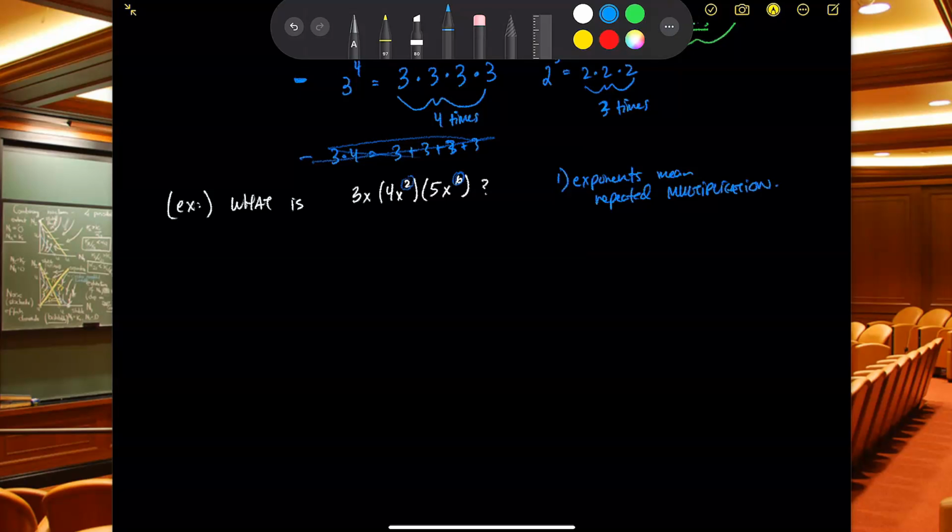Okay, so that is thing one. Thing two is that we can rewrite how factors are ordered.